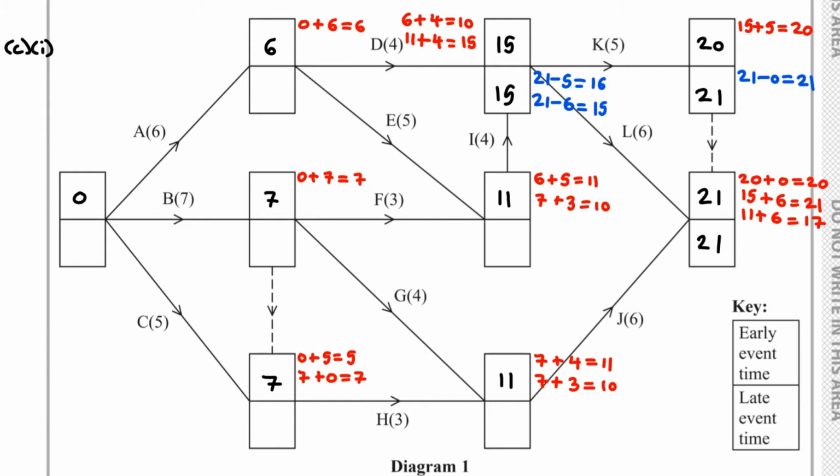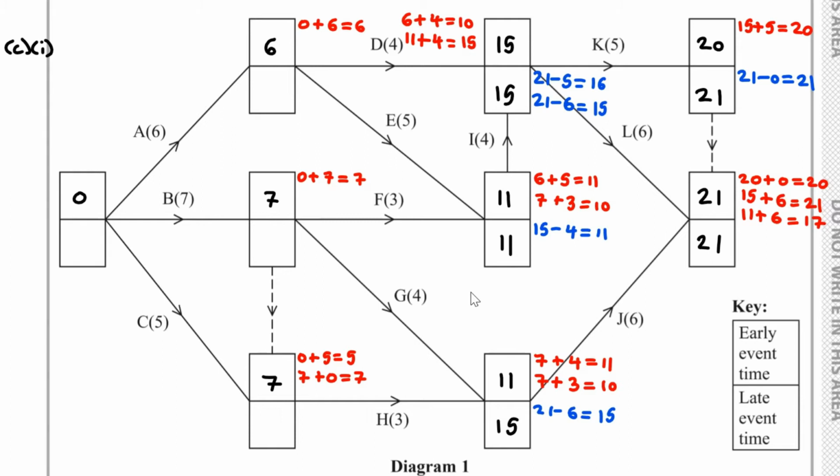Here we have 21 take away 6, which is 15, so 15 goes here. And here we have 15 take away 4, which is 11. 11 goes here.